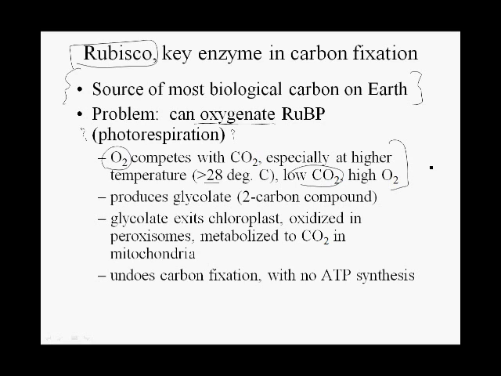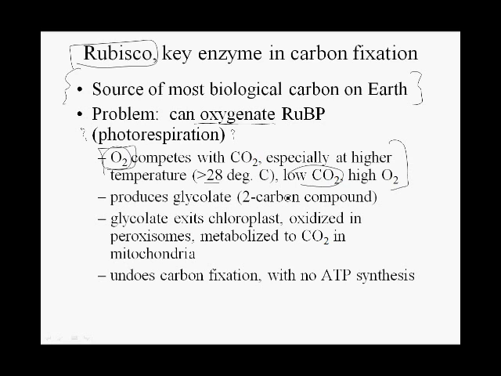But when it closes its pores, it can't exchange gas, oxygen can't escape out into the atmosphere, and it can't bring in fresh carbon dioxide. So inside those leaf spaces with the stomata closed, the carbon dioxide gets used up, oxygen levels accumulate, the temperature is hot, and then this happens. Oxygen competes with carbon dioxide, and we get significant oxygenase activity.